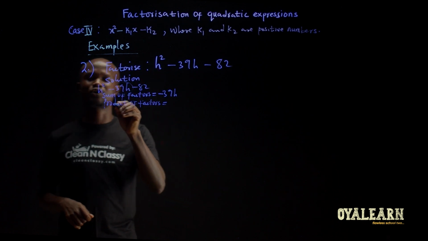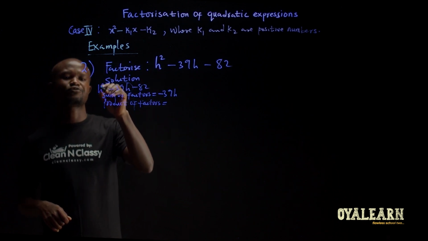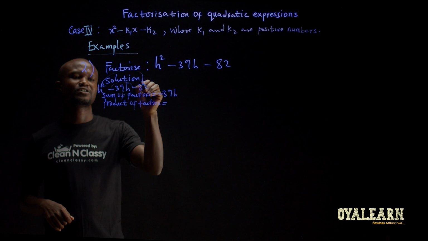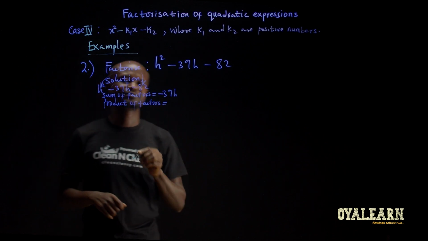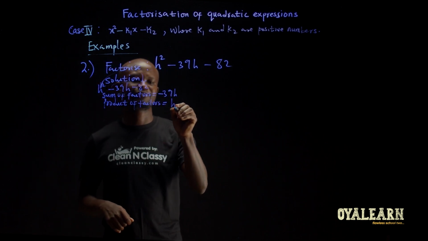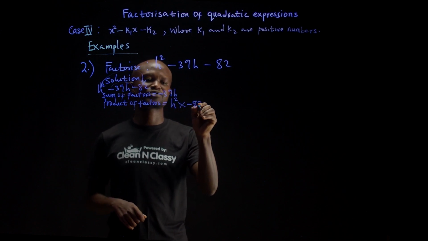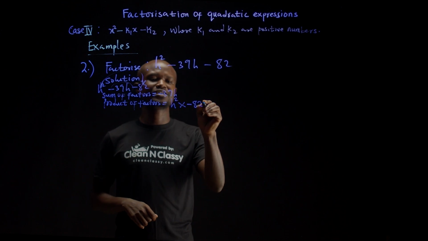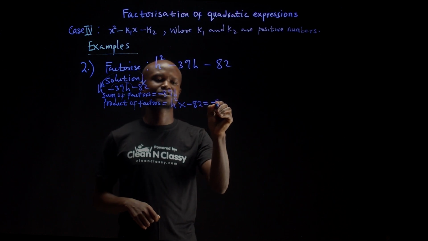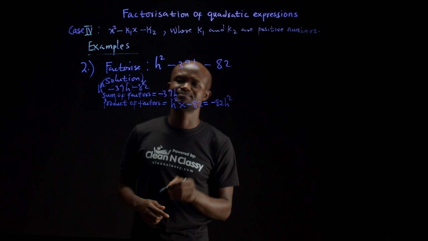The product of factor is the product of the first and the last term. The first term is h squared, while the last term is minus 82. And this one gives us minus 82h squared.